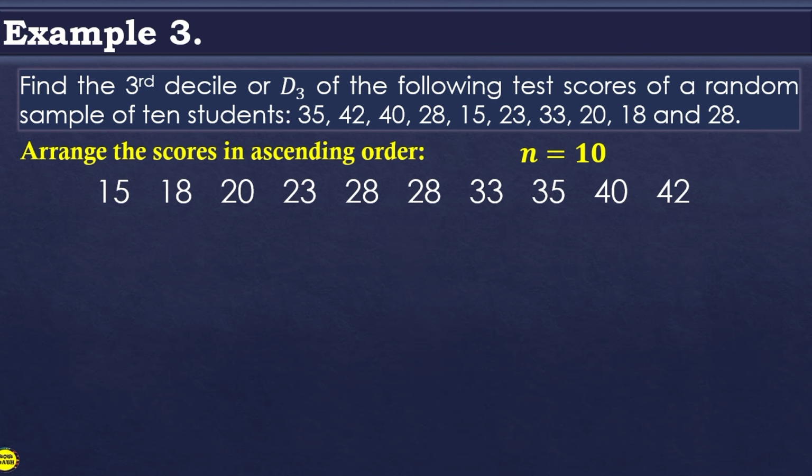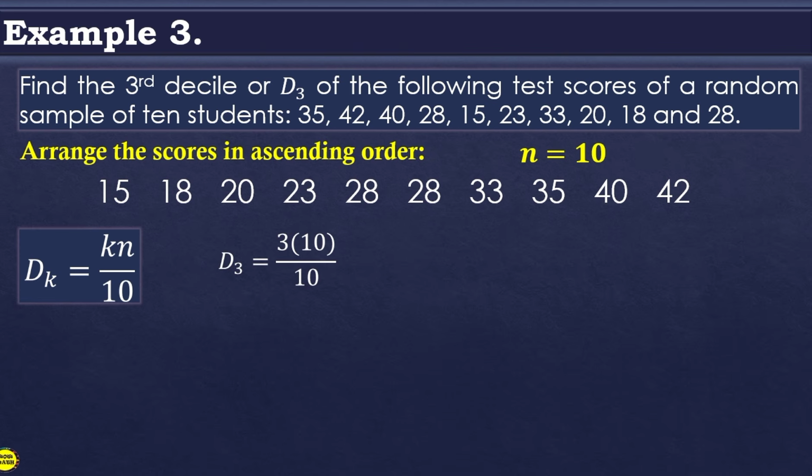Since ang pinapahanap sa atin dito is yung third decile, ano yung formula ulit na gagamitin natin? Kn or k times n over 10. Ano yung k natin dito? Yung k natin dito ay 3. Bakit 3? Kasi third decile. Kung ang pinapahanap sa inyo ay fourth decile, yung k ninyo ay 4.